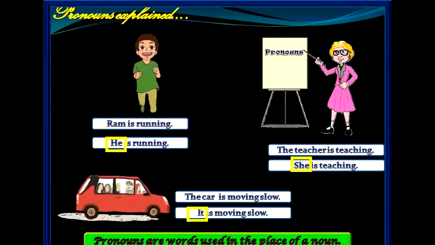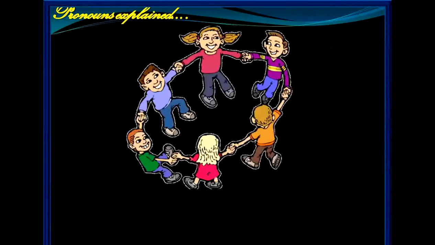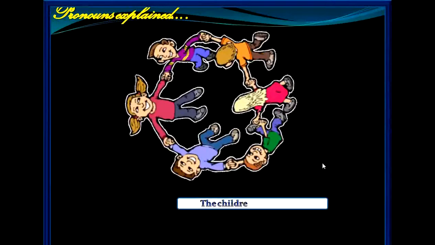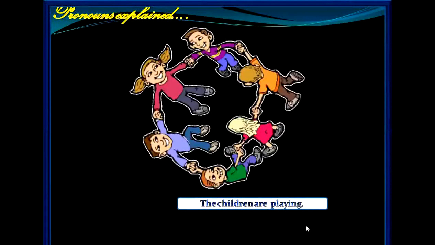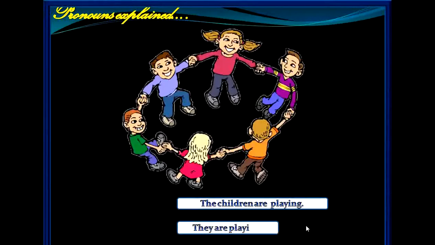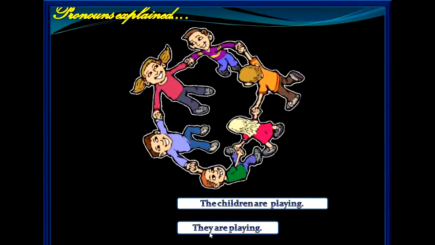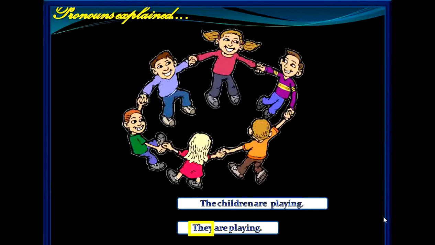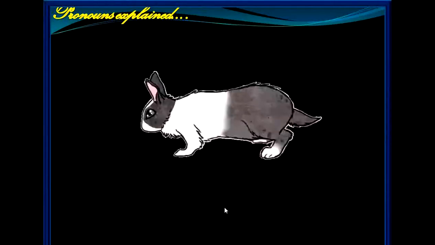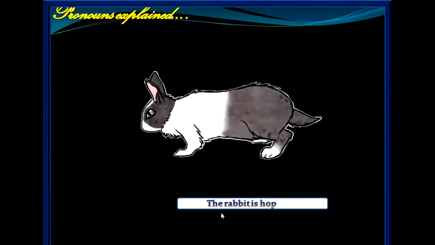Let's also go through a few more examples, children. Here, the children are playing. By replacing the noun children with the pronoun they, we can rewrite the sentence, they are playing. In the second sentence, the word they is the pronoun. Next, we have a rabbit which is hopping. So we can say the rabbit is hopping.